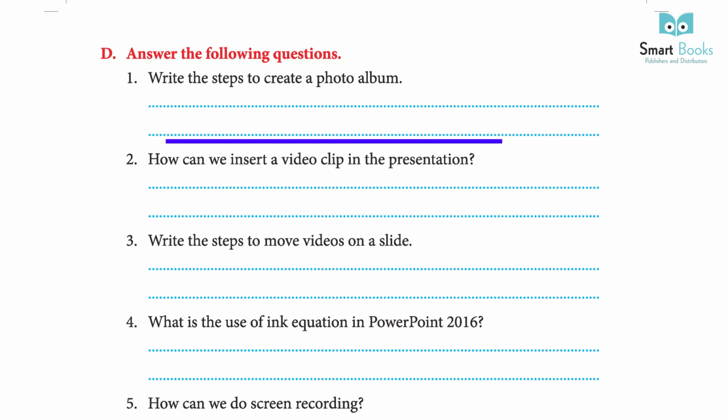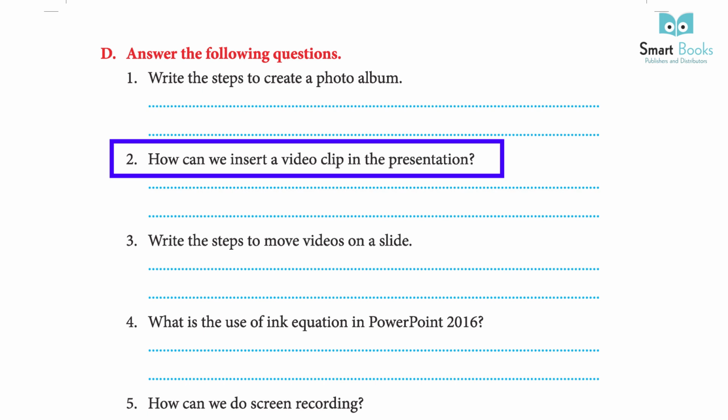2. How can we insert a video clip in the presentation? Answer. Follow the given steps to insert a video clip onto a slide. Step 1. Click on the Insert tab. Step 2. In the Media group, click on the Video drop-down and select the This PC option. Step 3.